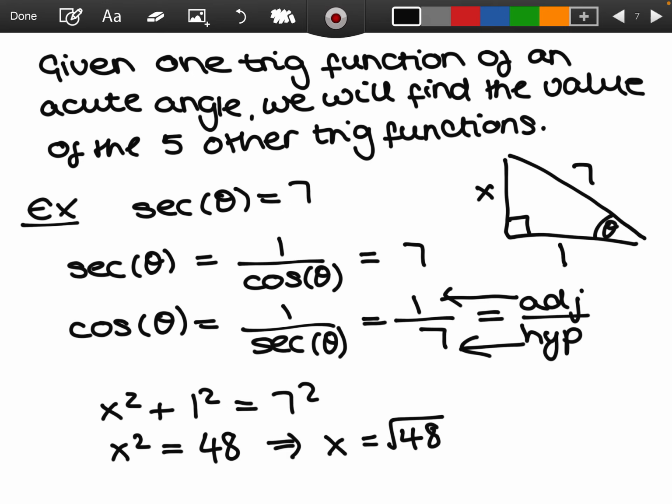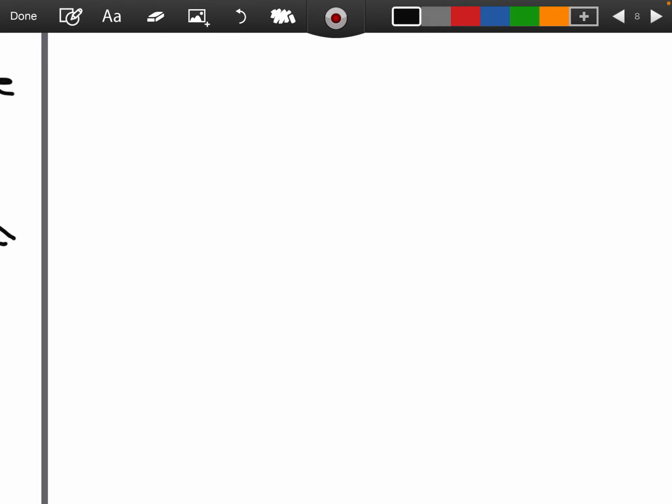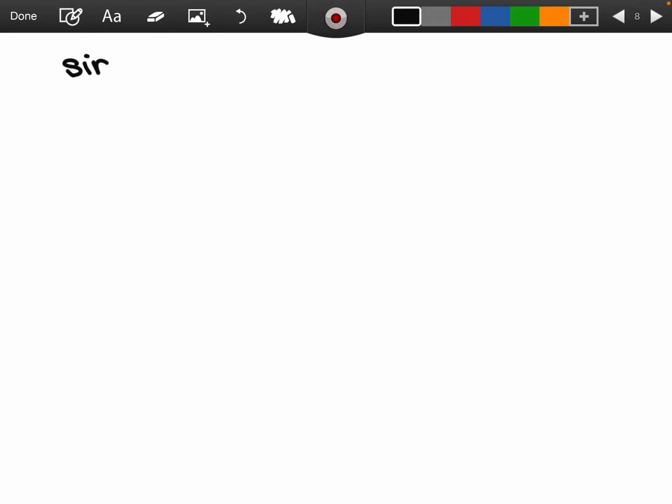Now I can get all my other trig functions. So I already have secant and cosine. I know secant is 7, I know cosine is 1 over 7. Now that I have the value of my opposite side, I can go ahead and find sine, tangent, and then their reciprocals. So we said that sine of theta was equal to the opposite side divided by the hypotenuse.